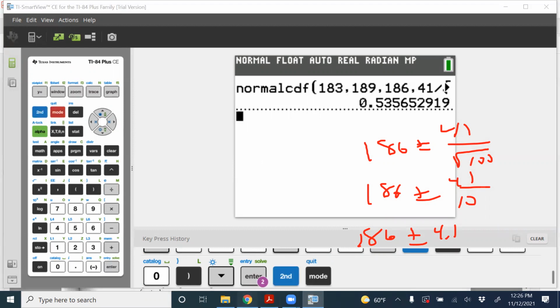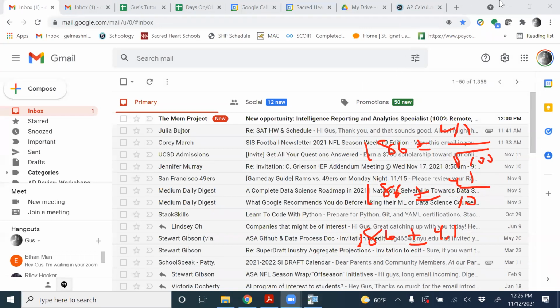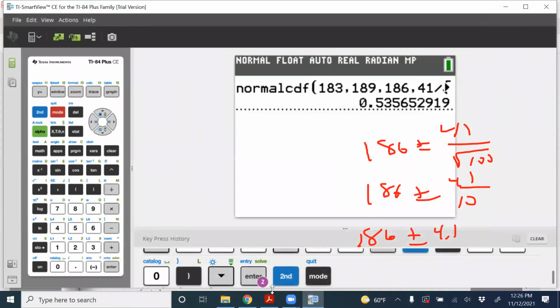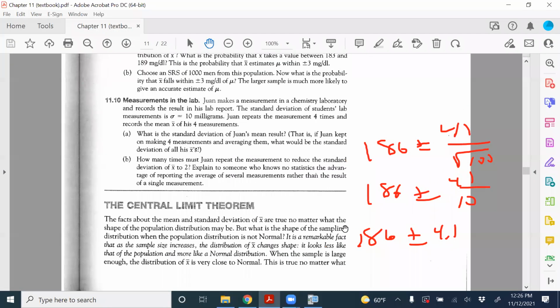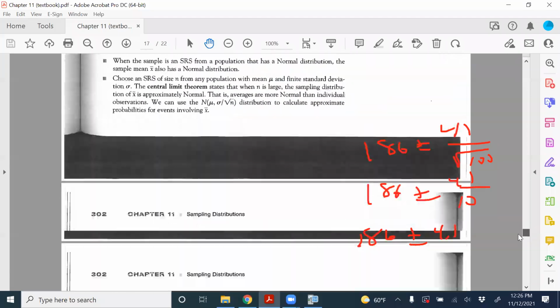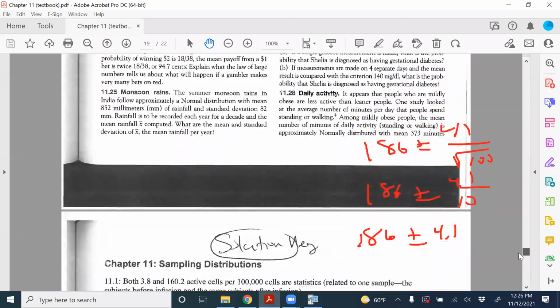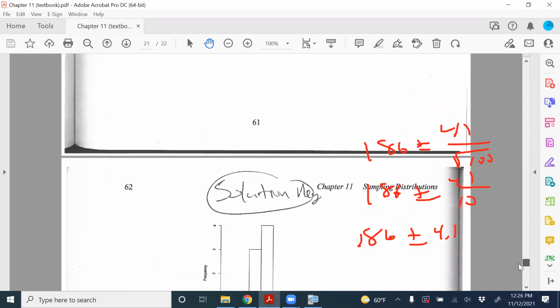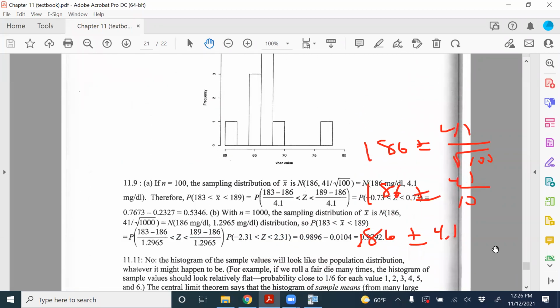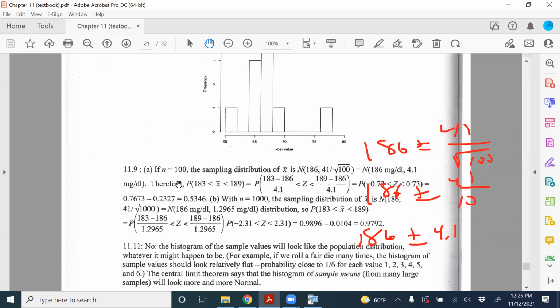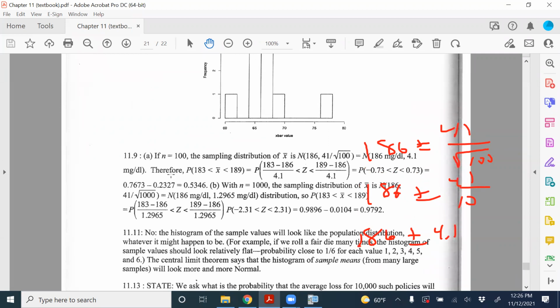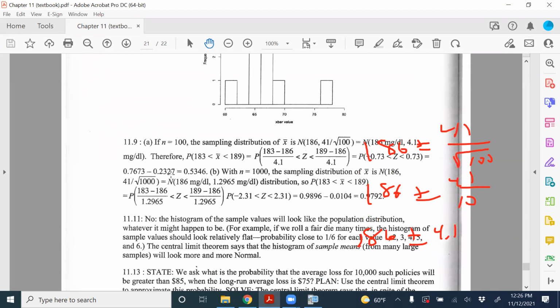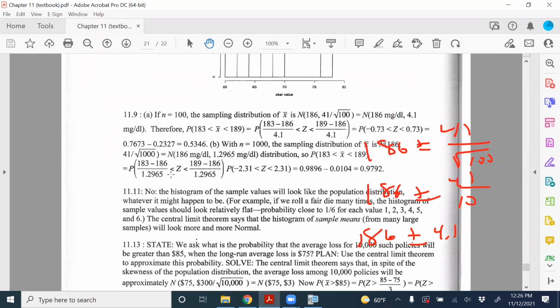And if I go to the solution key just to check to make sure I did this correctly, yep, 53.46.